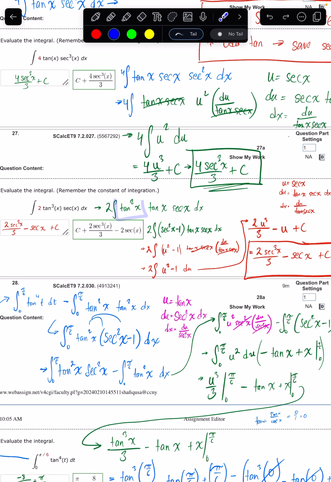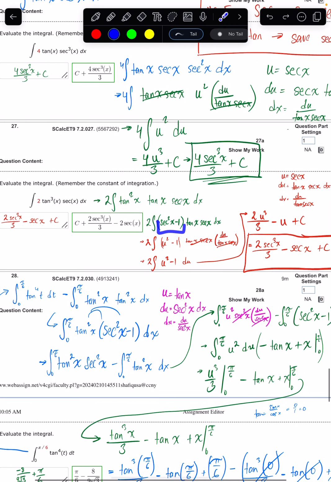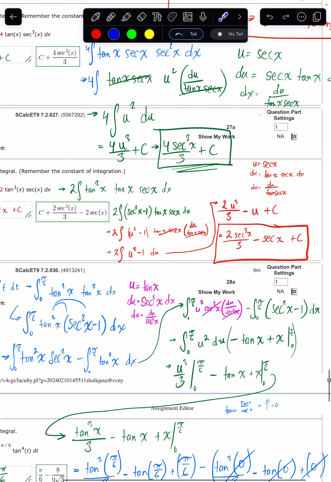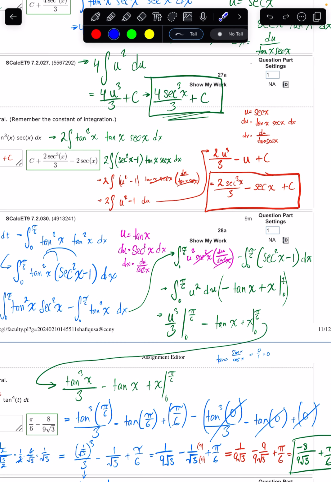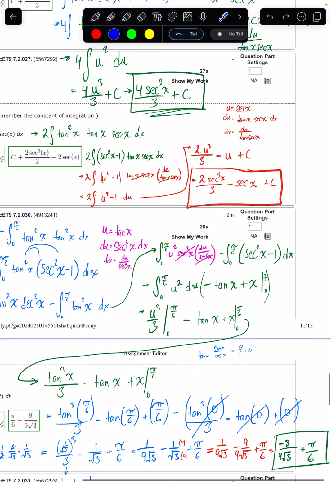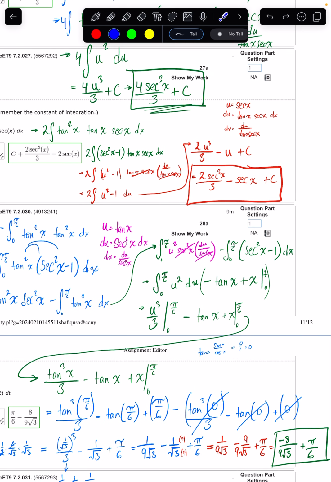Write this out, secant times that. It's going to be secant squared x minus 1, make our u value secant, and then the du becomes tan x secant x dx. Plug in for dx, cancel out this tan x secant x, and you're just left with u squared minus 1, and the integration of that is just, oh, did I make a little mistake here?